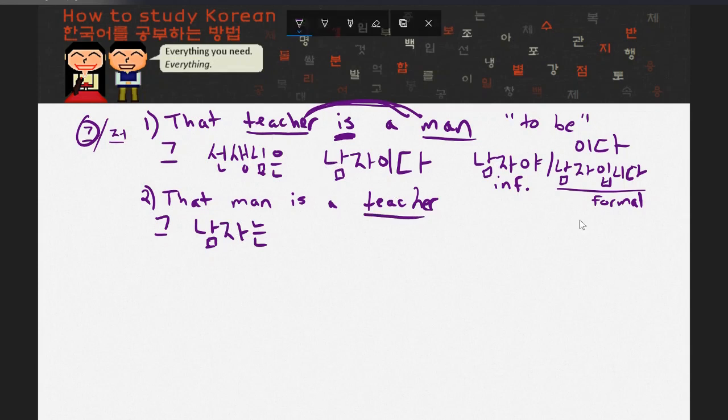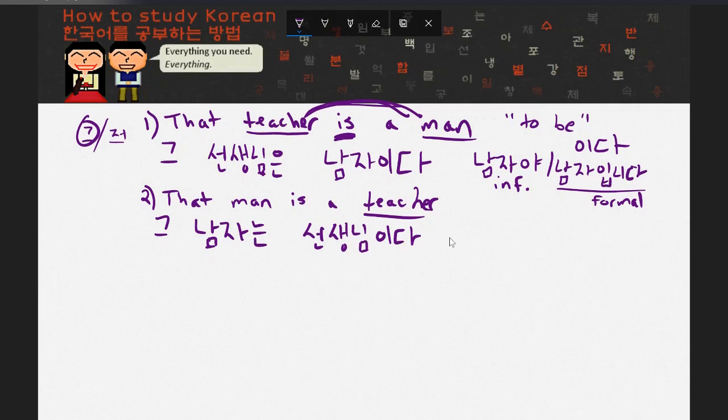And I already know that the word for teacher is 선생님, so it's up here. So I'll write it, and it's 선생님. Now, in this case, I've really just created the exact same sentence as I've done up here. I've just switched these two words. So I, again, just need to add 이다. 이다. And as I mentioned up here, I could say 그 남자는 선생님이야.